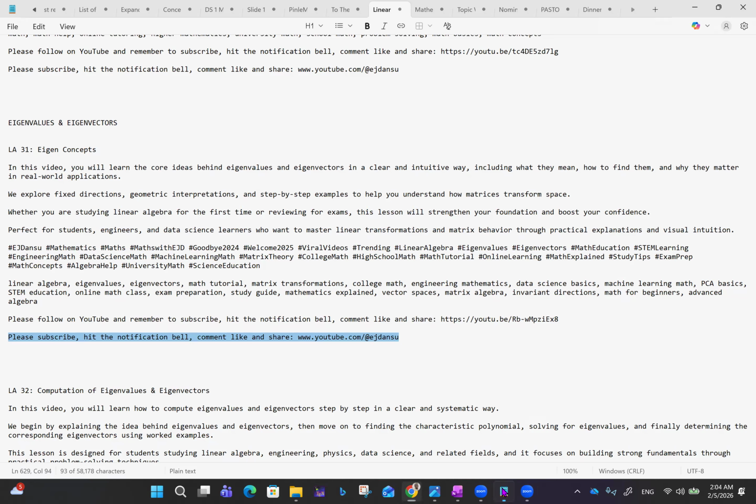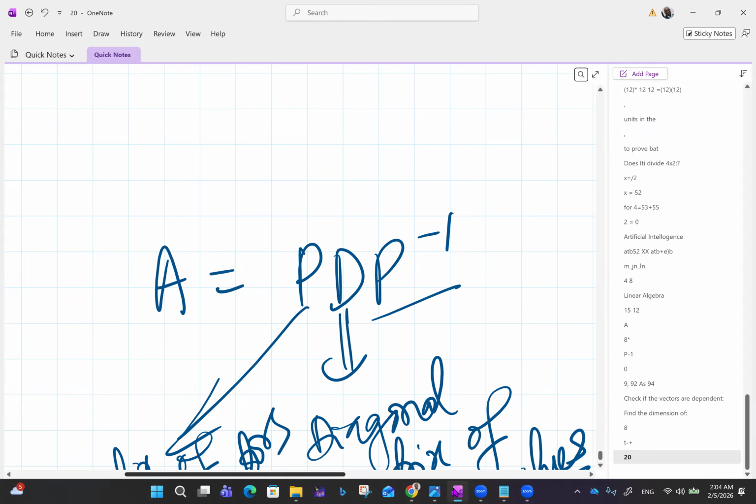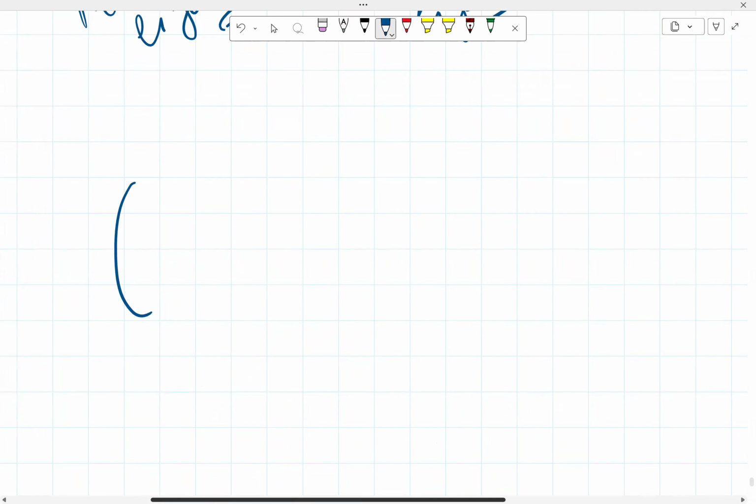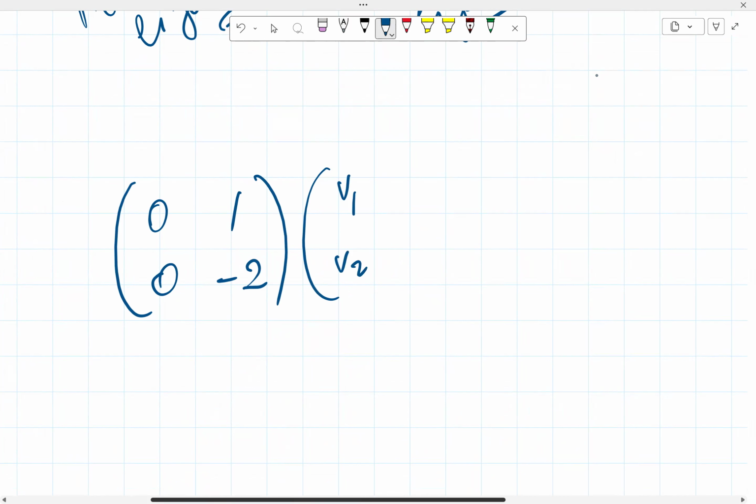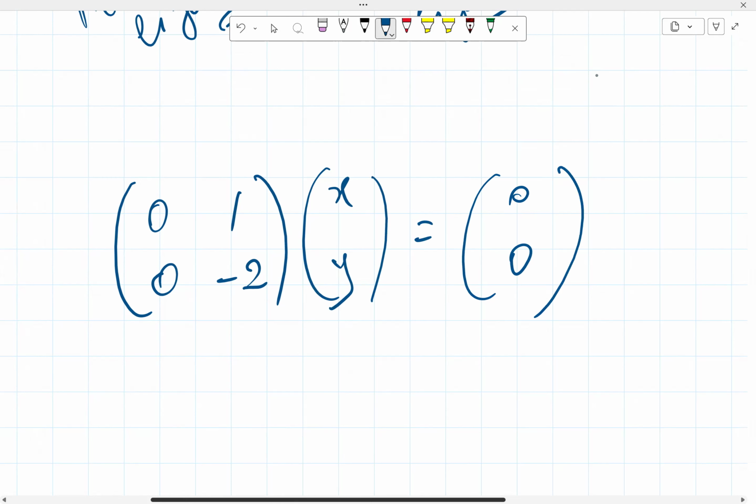Now, this is what I'm describing. You have [0 1; 0 -2], against what I would call v1, v2, but to avoid confusion, let's just say x and y, and all of this equals 0. So if you do all this, we write this twice: x, y.